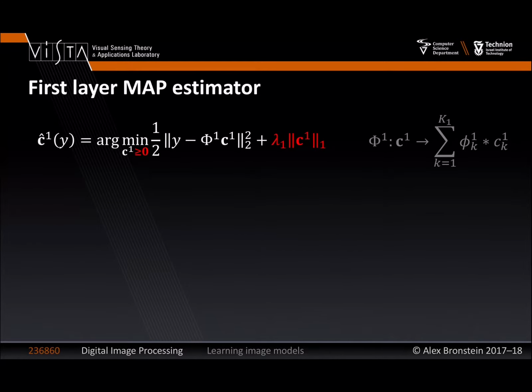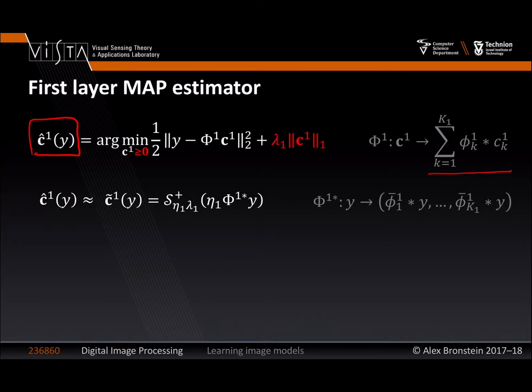Okay, let's just remind ourselves how the action of the dictionary looks like. This is a synthesis dictionary, right? So this is how it looks like. It's a sum of convolutions. So instead of producing the actual arg minimum, I'm estimating this arg minimum by a single iteration.